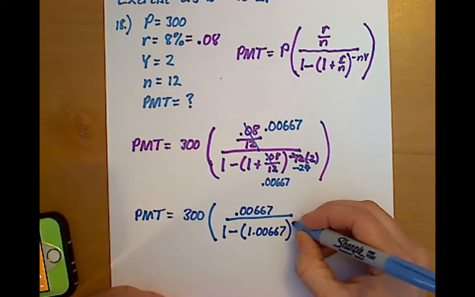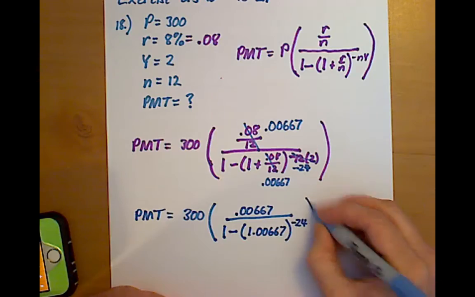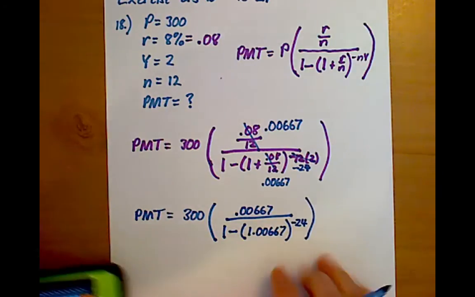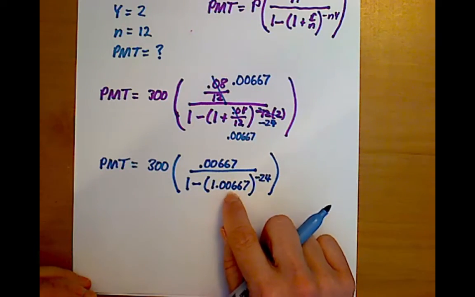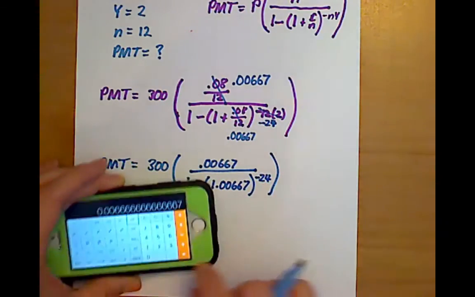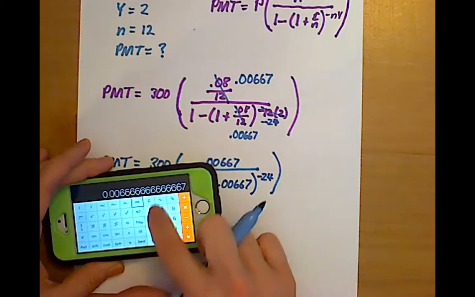So that's pretty easy. All of that is raised to the negative 24th power. It's starting to look better already. The next thing we're going to do is take this and raise it to this exponent.